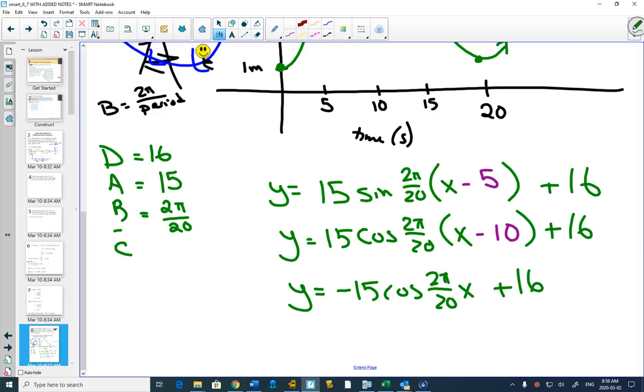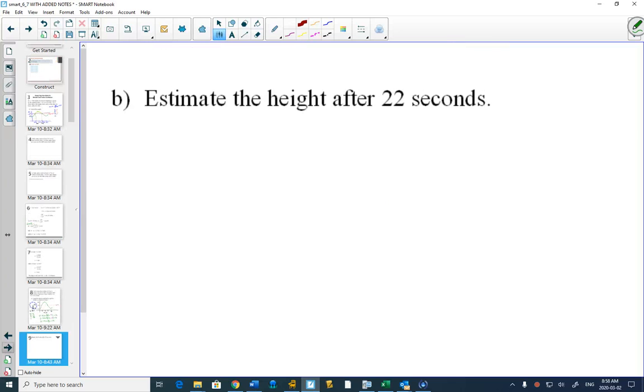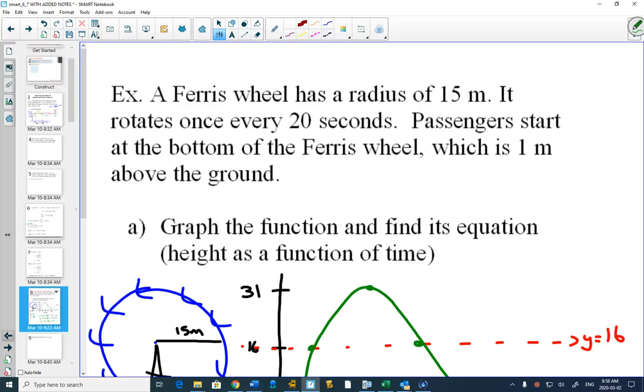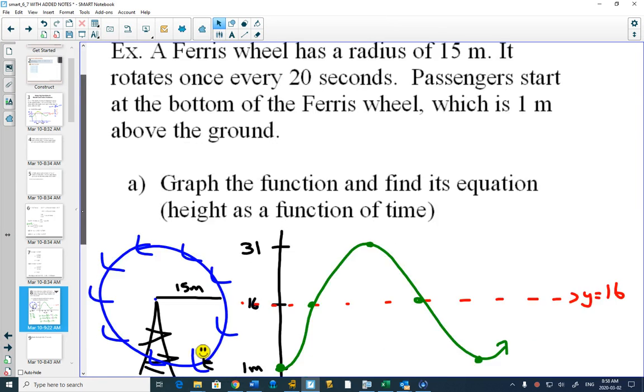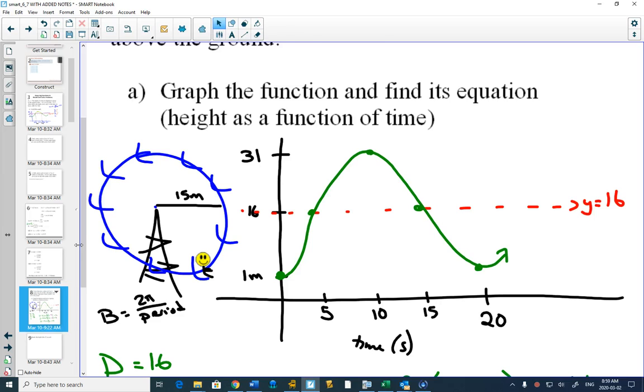Okay? For part B here, it says estimate the height after 22 seconds. So it says estimate, so this is just mental math. If we went on here, 22 would be right here. Does it make sense that at 25, it'd be back at the center line?